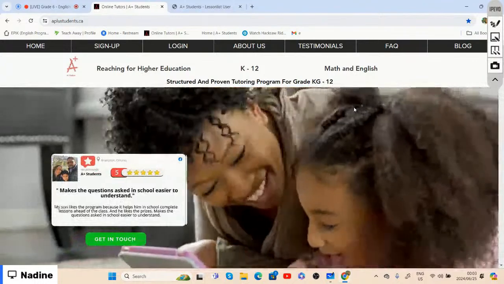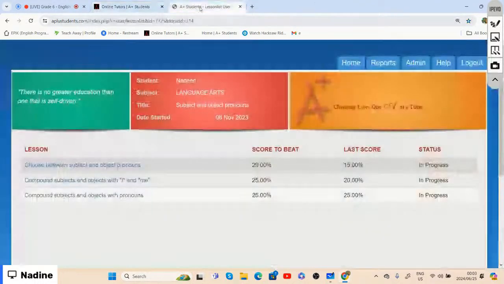And then we're going to scroll down until we get to our chapter of subject and object pronouns.